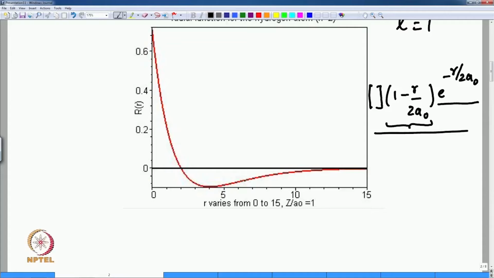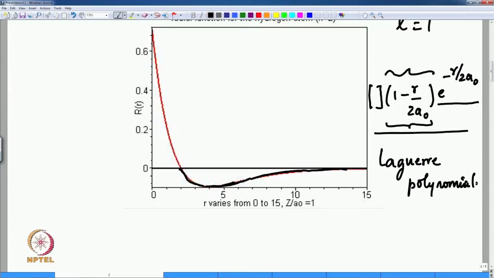Therefore, after some time the exponential tapers the function off. This initial increase is due to this, part of what is known as the Laguerre polynomial, which are solutions for the radial equation.